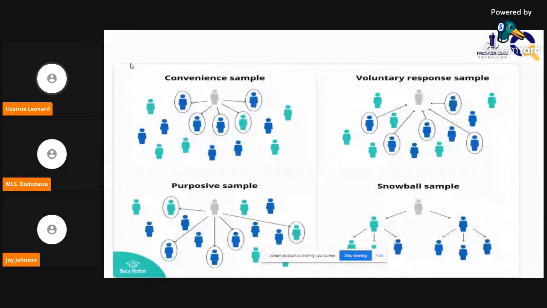Assuming you want to sample the opinion of Afghan citizens, because of the precarious situation they are presently in, you may not be able to travel there.